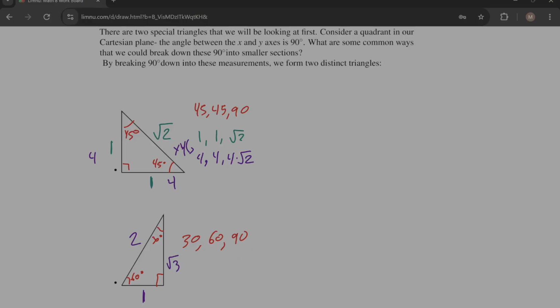So the next ratio here is 1, root 3, 2. Please be careful on the order here. Sometimes I find people say, oh, well, 3 is a bigger number than 2, and so let's go 1, 2, root 3, and they'll call the hypotenuse root 3. Root 3 is smaller than 2. It's a square root, right? Square root of 4 is 2, so square root of 3 must be less than 2. So this is our ratio.